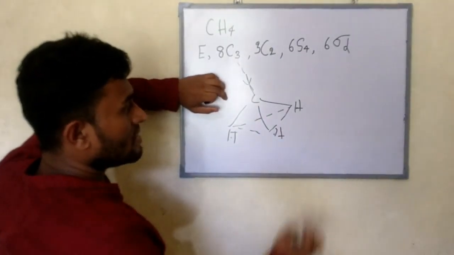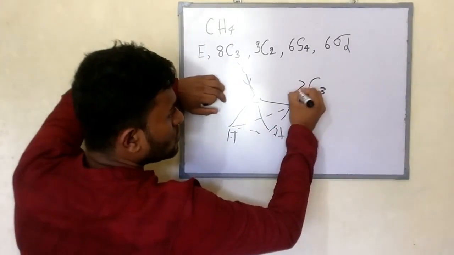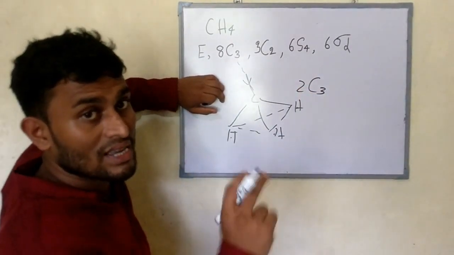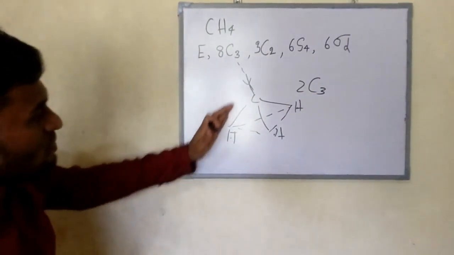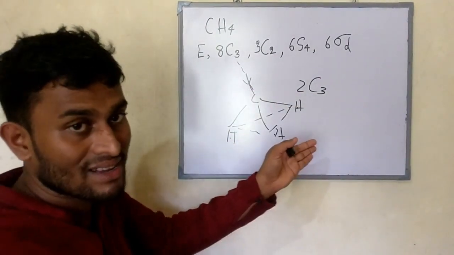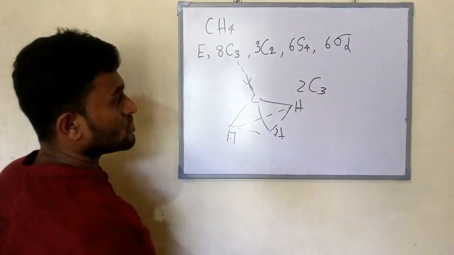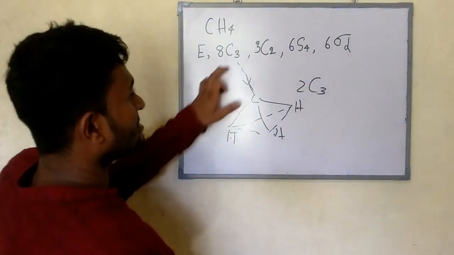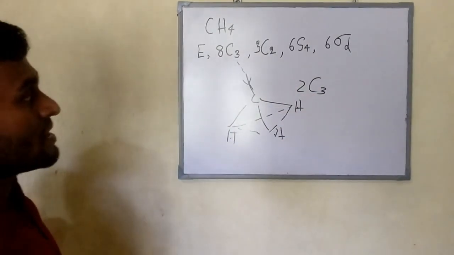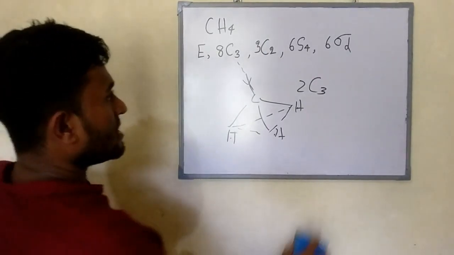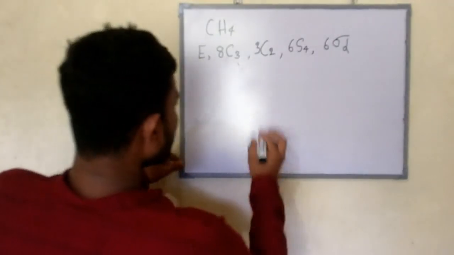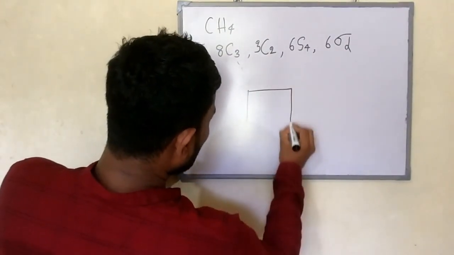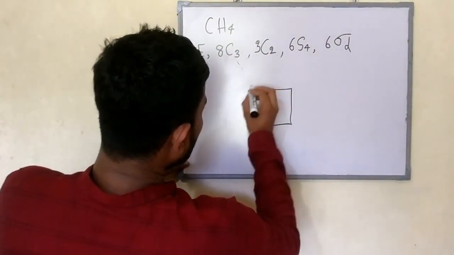So altogether 2 C3s are there because C3 2 is also possible. But here we have 4 groups, 4 axes. So 4 into 2, 8 C3s are possible. Then we want to see how the sigma D is possible. So this is your cube.